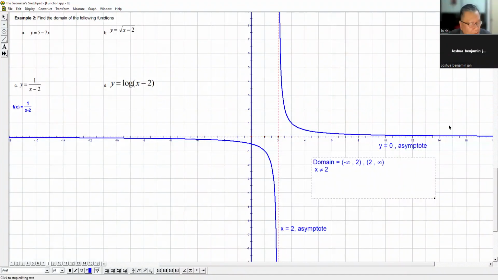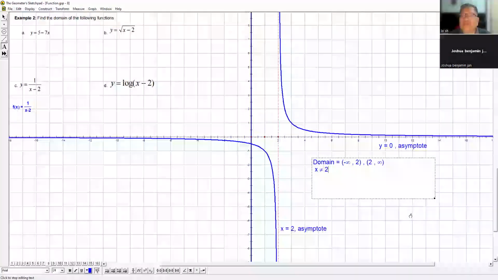Other values, 2.01, 2.001, all can. If you come from the left-hand side, it will be 1.9, 1.99, 1.999, but never take the value of 2.